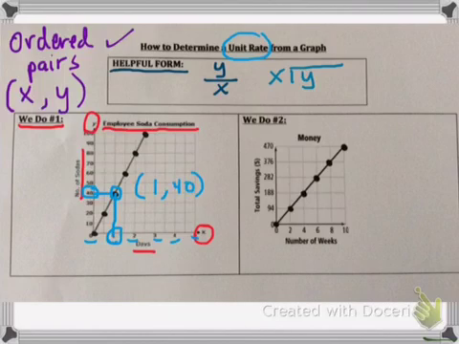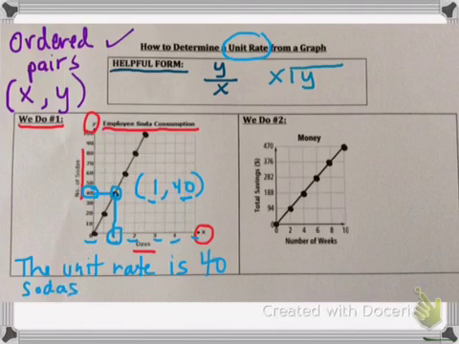So that means in 1 day, the employees at Chipotle, as a group, will drink 40 sodas. So since I have that value of 1, I know that my unit rate, so this should be copied, the unit rate is 40 sodas per day.